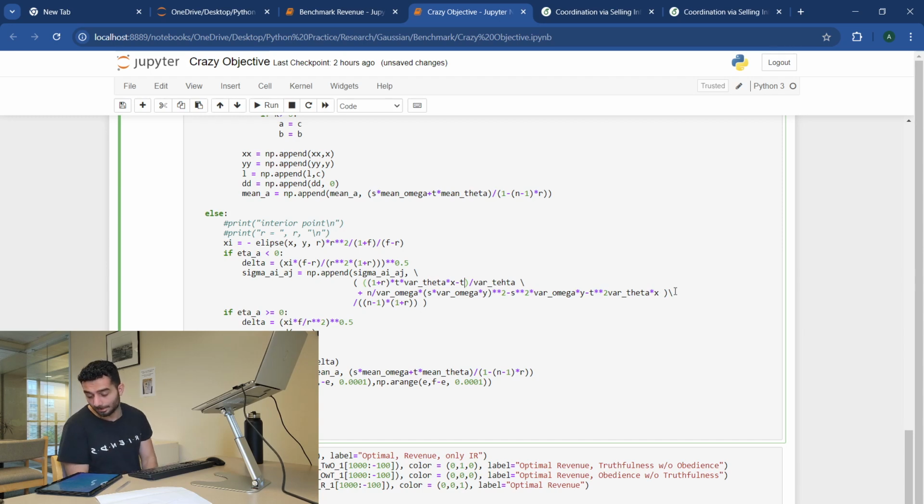So when it is 1, actually we know that it will be 1. Okay. Squared. All right. t squared. They will cancel out.